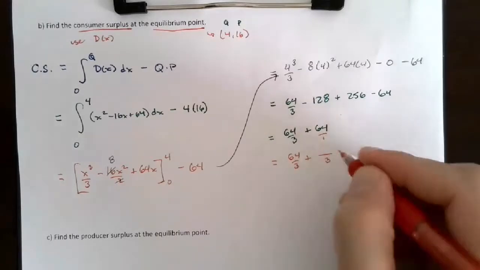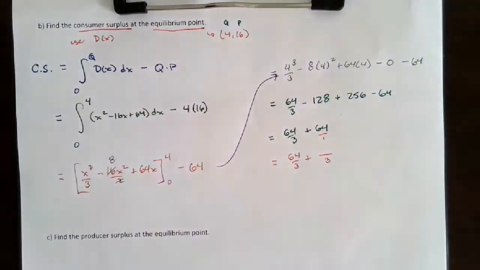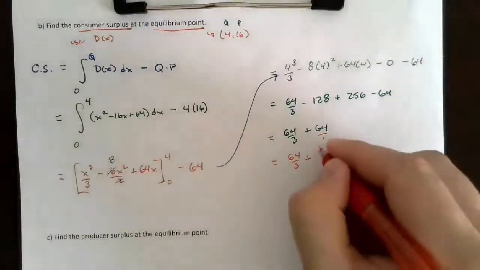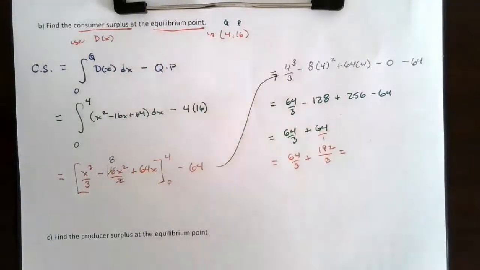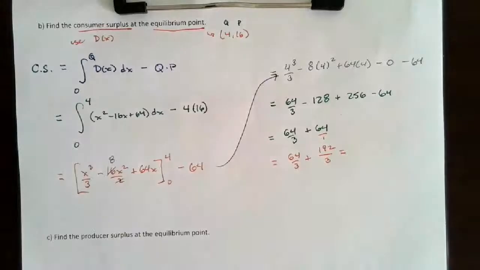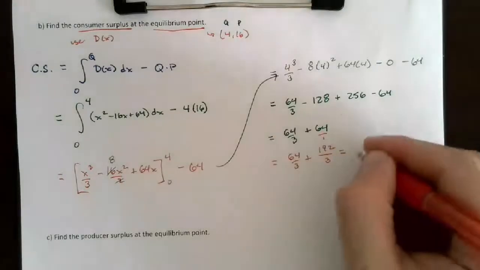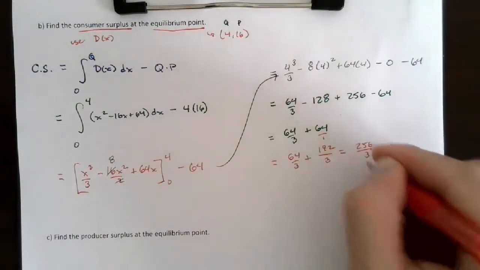Well, this is 64 over 1, so 1 times 3 got me 3. 64 times 3 gives me 192. 64 plus 192 comes out to 256 over 3.